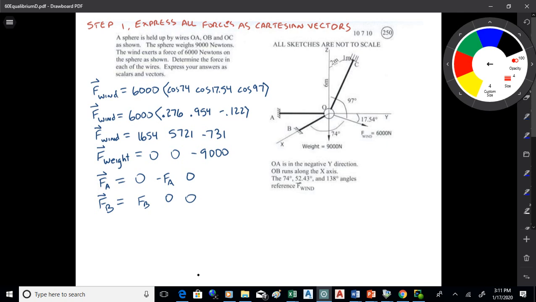So alpha there is 74 degrees. That's to the x-axis. Then up to the y-axis, we got 17.54. And to the z, we got 97. So I can just go ahead and take the cosine of each of those angles times the 6,000 Newton magnitude, and I can get the wind force vector. There it is.